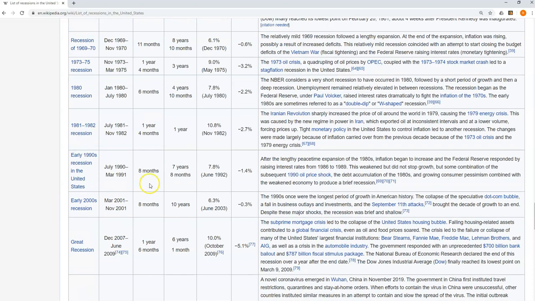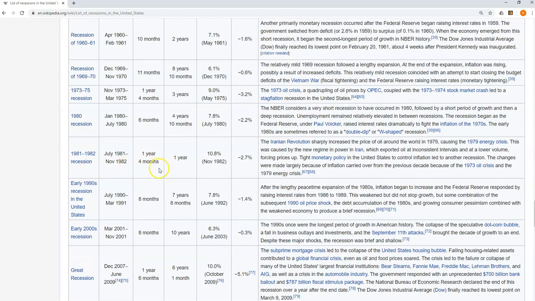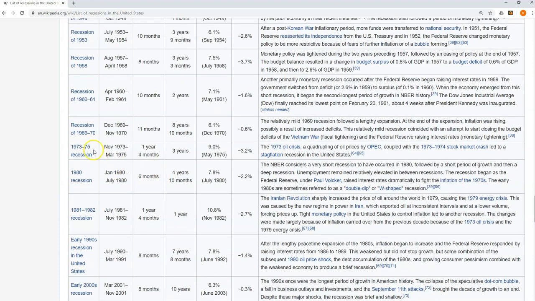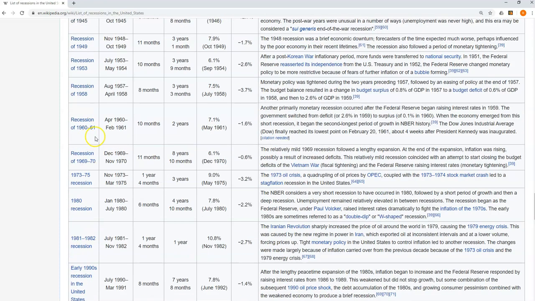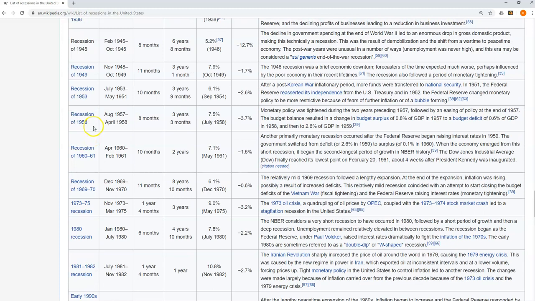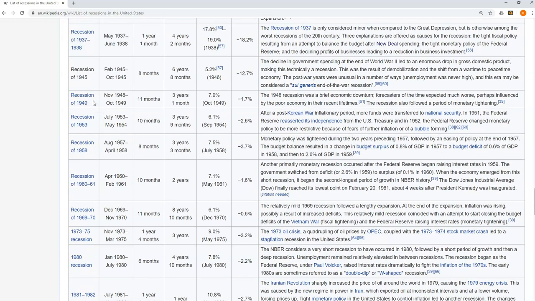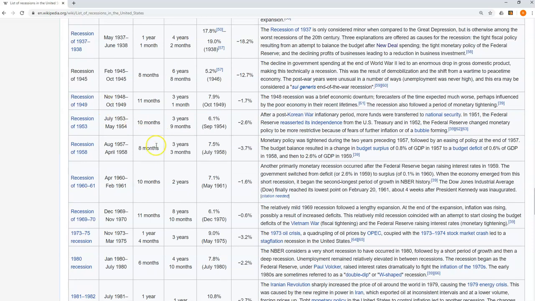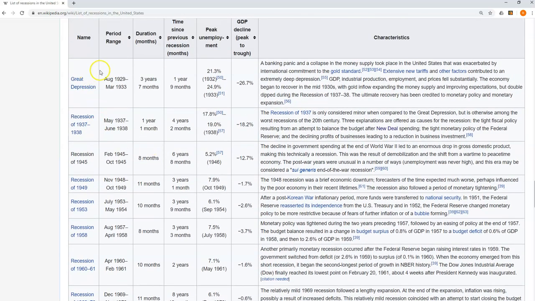Then we had the early 1990s, then the early 1980s, the 70s, the late 60s, the early 60s, the late 50s, early 50s, 1949, and before that, the Great Depression between 1929 and 33.